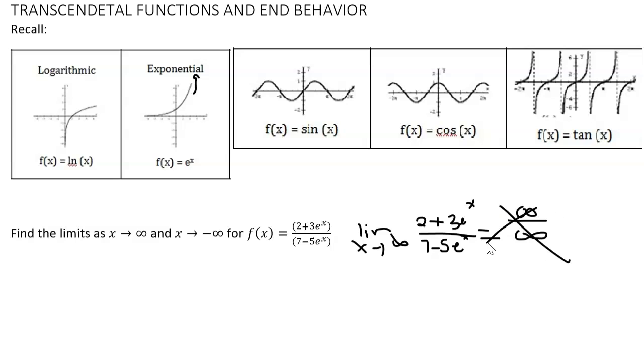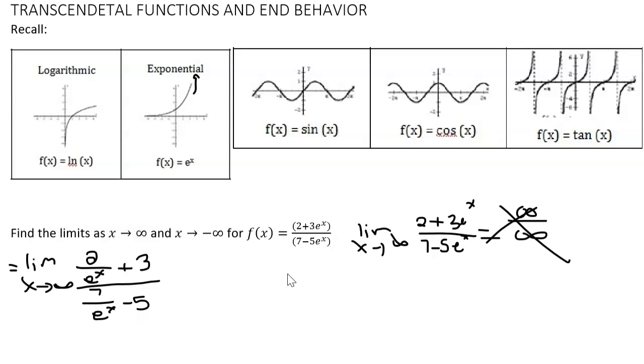So instead, we're going to say that this limit is the limit as x approaches infinity of (2 over e^x plus 3) over (7 over e^x minus 5). And that's taking out the e^x term from each term.